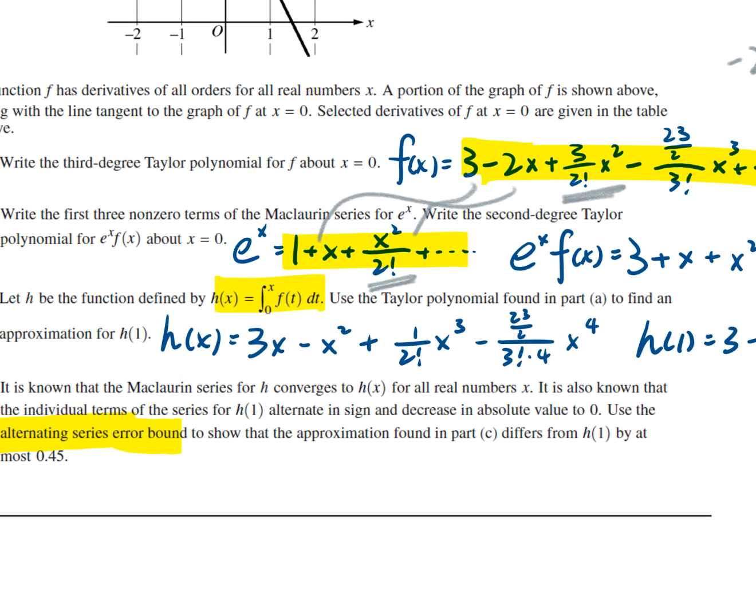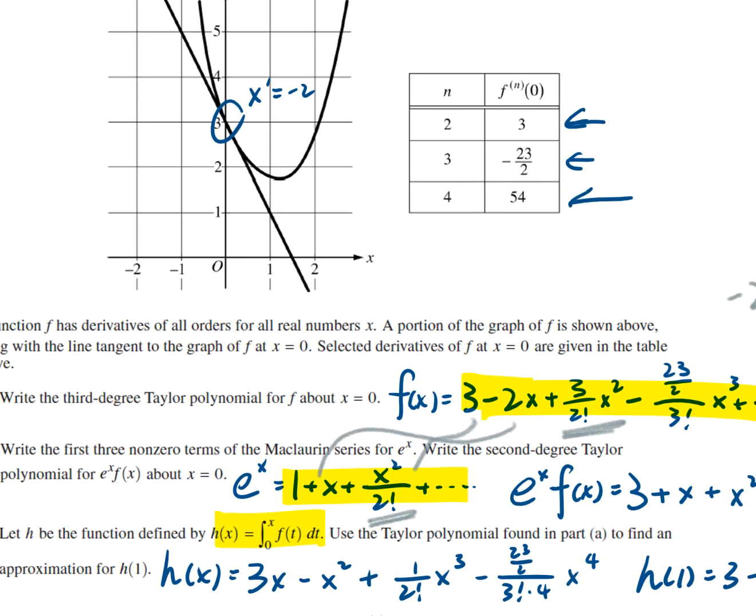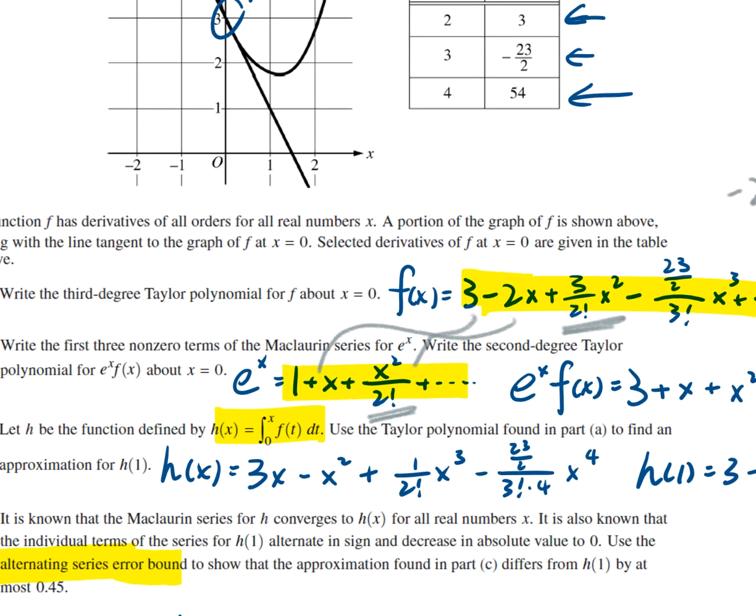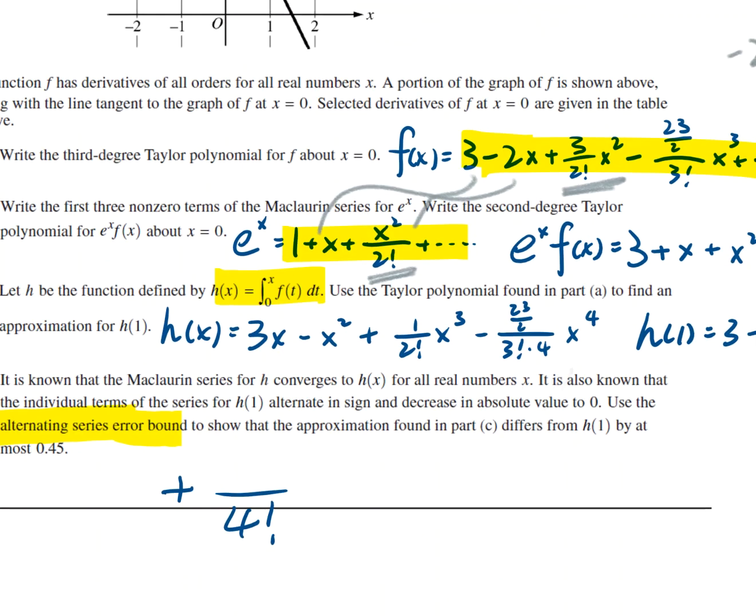The 5th term will be something like plus the 4th derivative over 4 factorial, and we can refer back to this chart. We have the 4th derivative of f is 54, so it's 54 x to the 4th over 4 factorial. That's the next term in f of x.